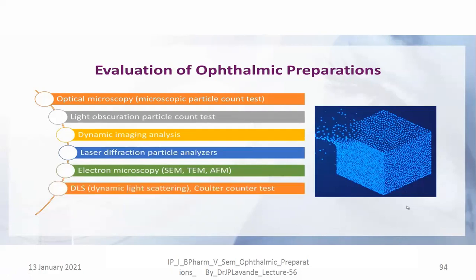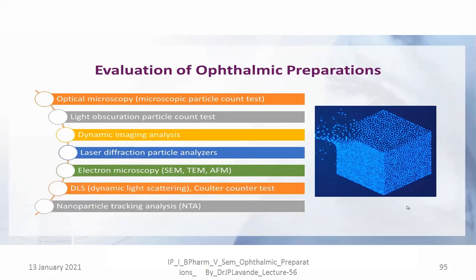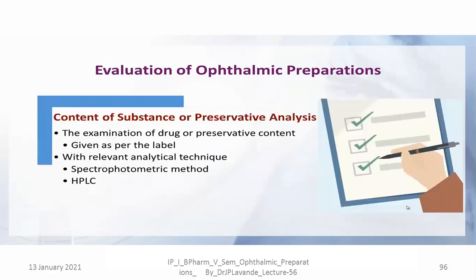There is dynamic light scattering, that is the DLS, and the Coulter counter test, and nanoparticle tracking analysis. All these are the different variations by which one can go for studying the particle size, right, or the clarity testing.